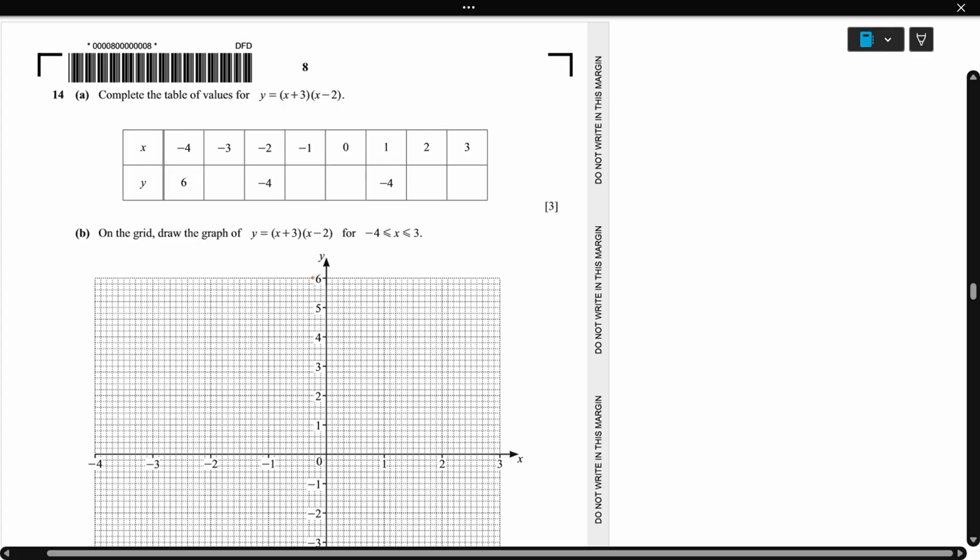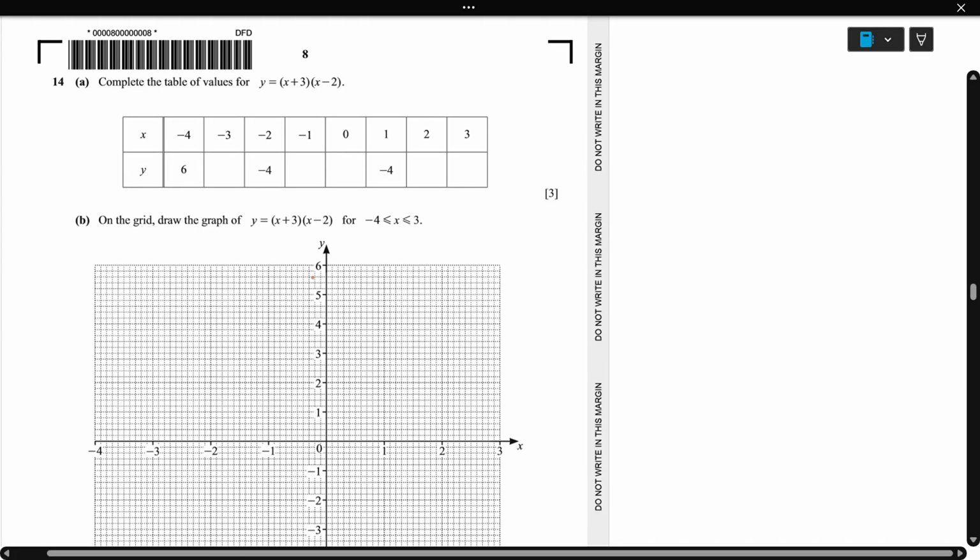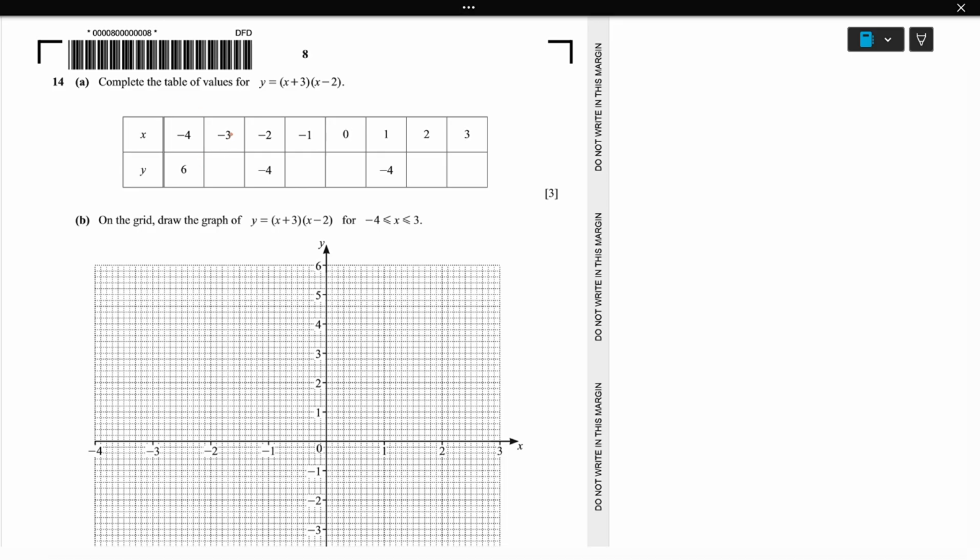Next one, complete the table of values y equal to (x plus 3) and (x minus 2). Just plug in negative 3 for both. So this becomes negative 3 plus 3, and the other becomes negative 3 minus 2. So this is going to be 0, and 0 times anything is going to be 0.